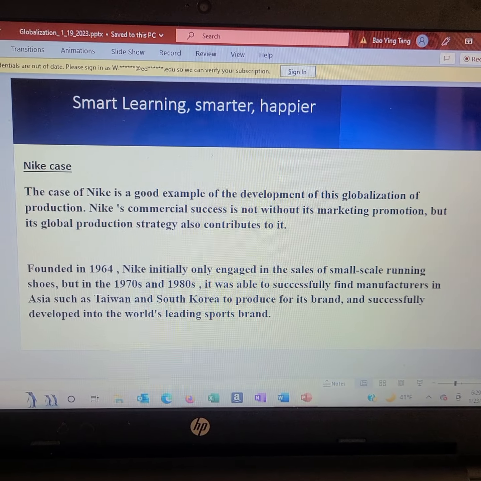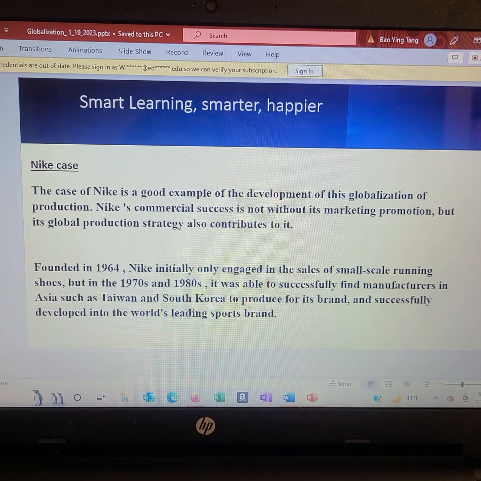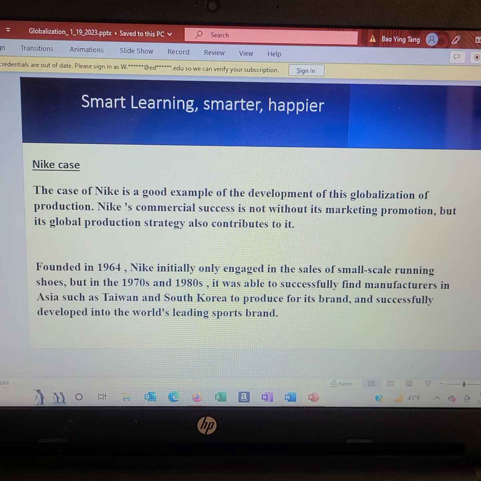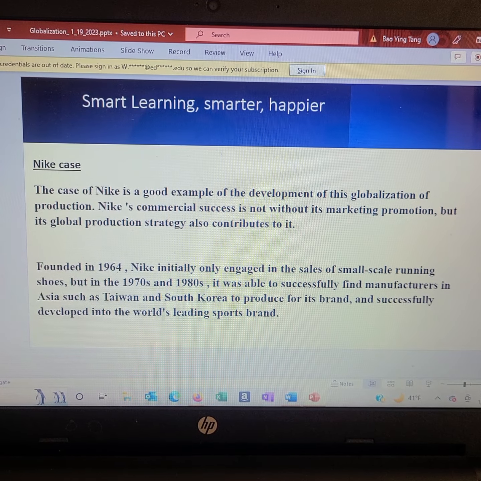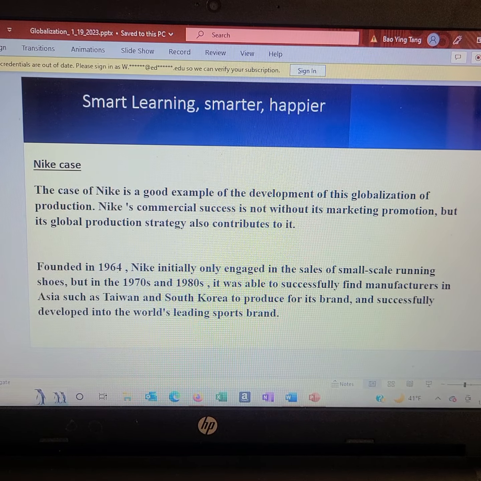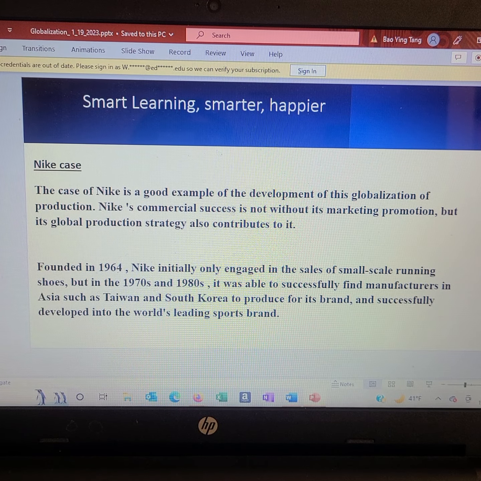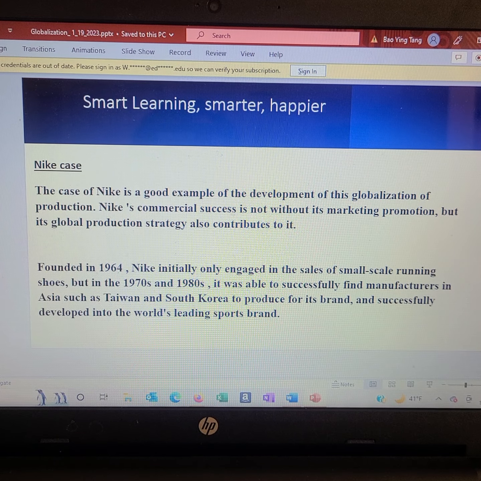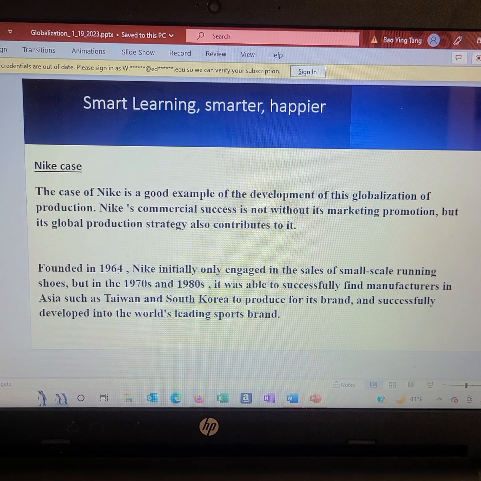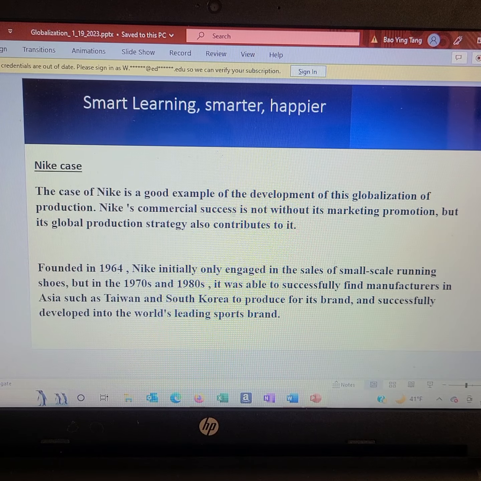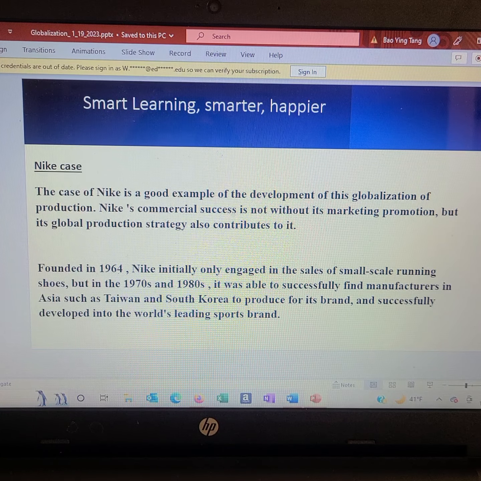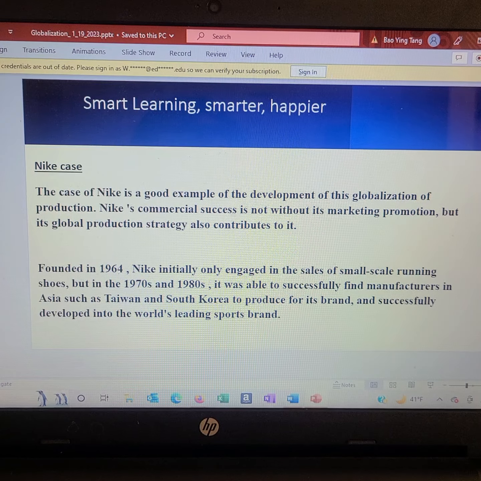The Nike case. The case of Nike is a good example of the development of this globalization of production. Nike's commercial success is not without its marketing promotion, but its global production strategy also contributes to it. Founded in 1964, Nike initially only engaged in the sales of small-scale running shoes.